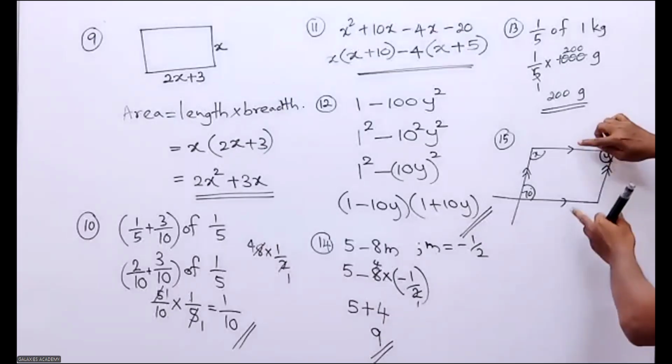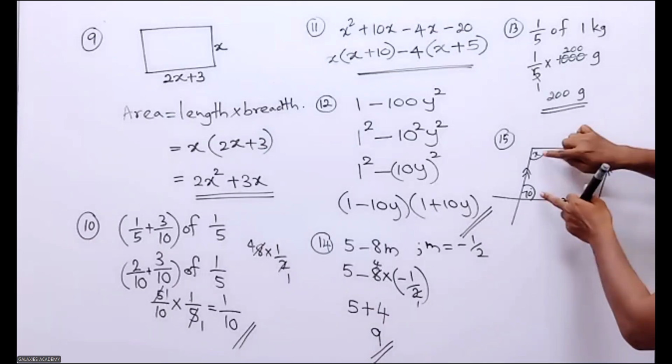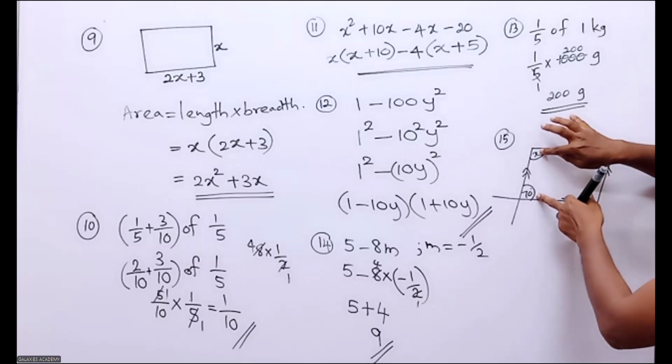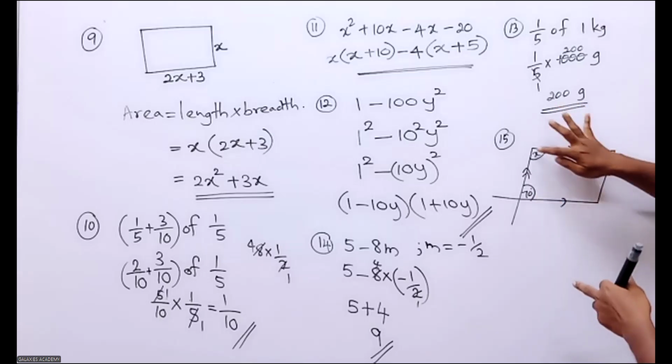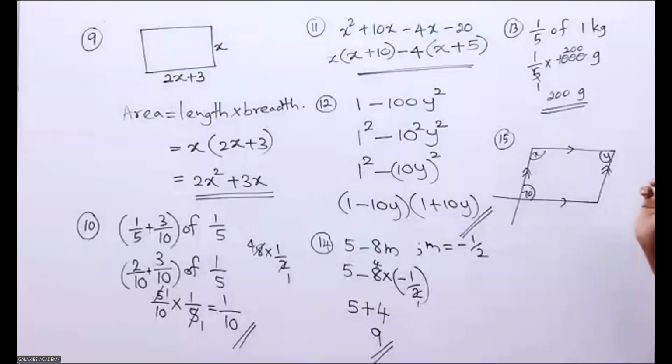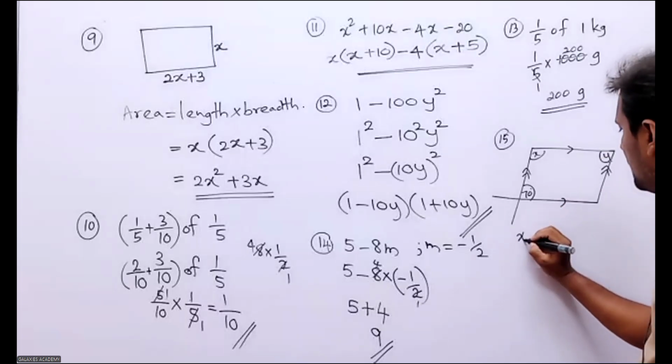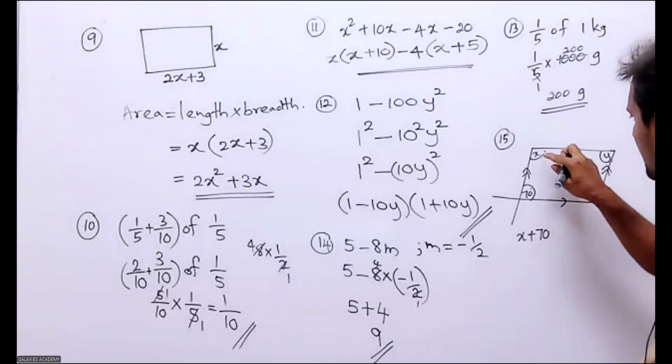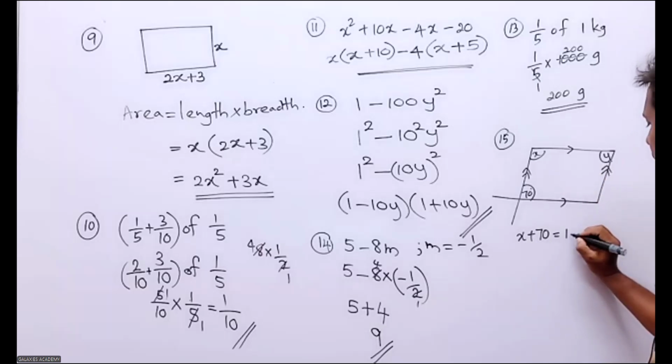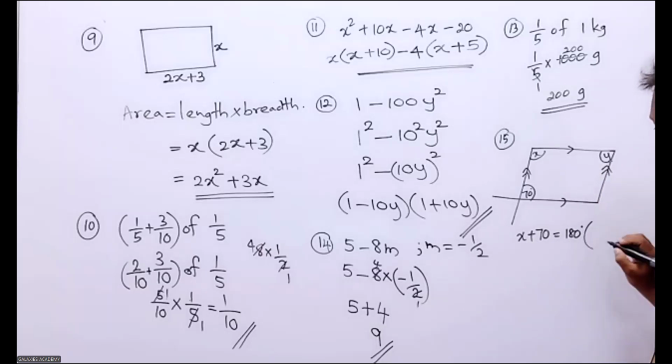Right? These two are parallel, no? Then these two angles are allied angles. Can you see it? Capital C shape. So I can write the relation x plus 70, these two added is equal to 180. Also, you write down the reason: allied angles and parallel lines.